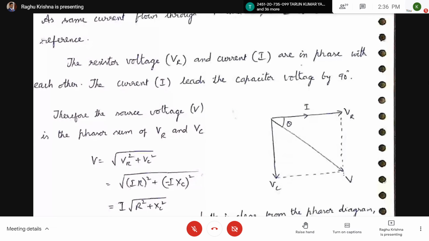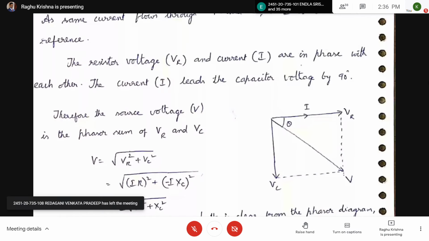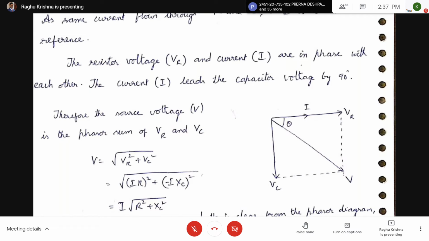You know that VR and I will be in phase. So the voltage across the resistor and the current flowing through the resistor will be in phase, that means both will have the same zero points. So first I have taken I, and in the same direction VR will be there.